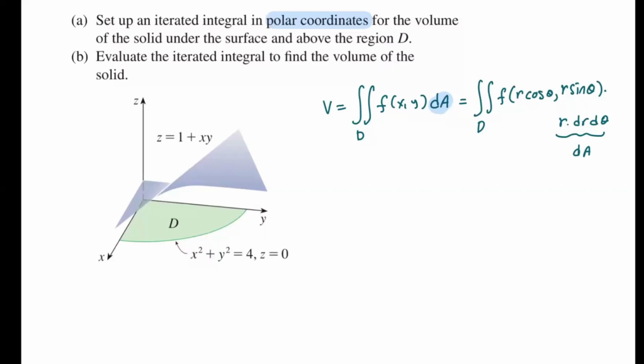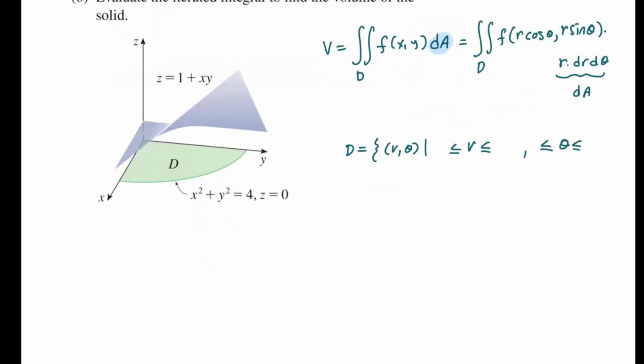Now let's figure out what our bounds for r and theta are. We know our region D, we're going to describe in terms of r and theta, and we need to know the restrictions on r and on theta. If you don't see that immediately from this picture, you can try to draw it in the XY plane. So here's the view of this in R2.